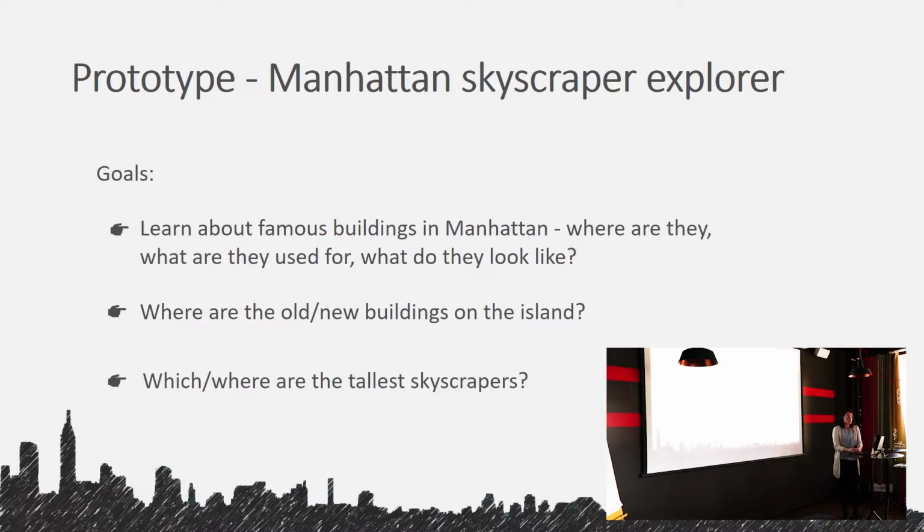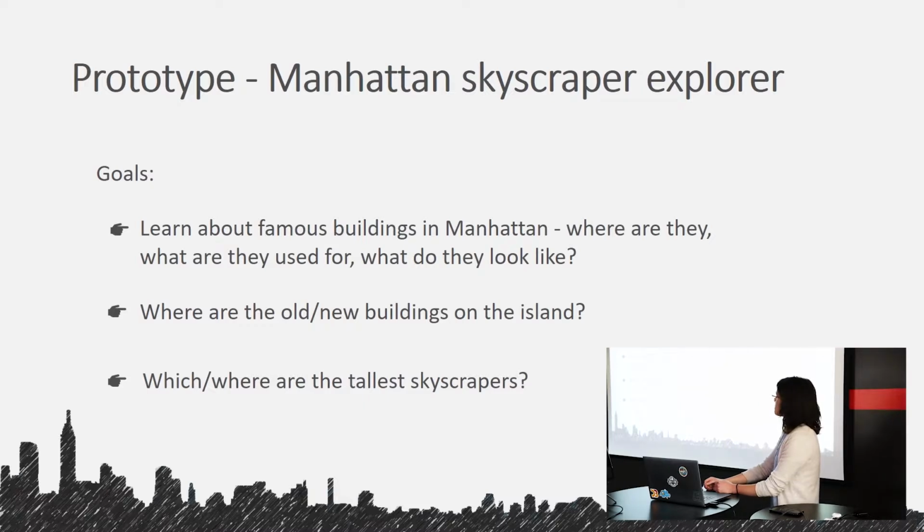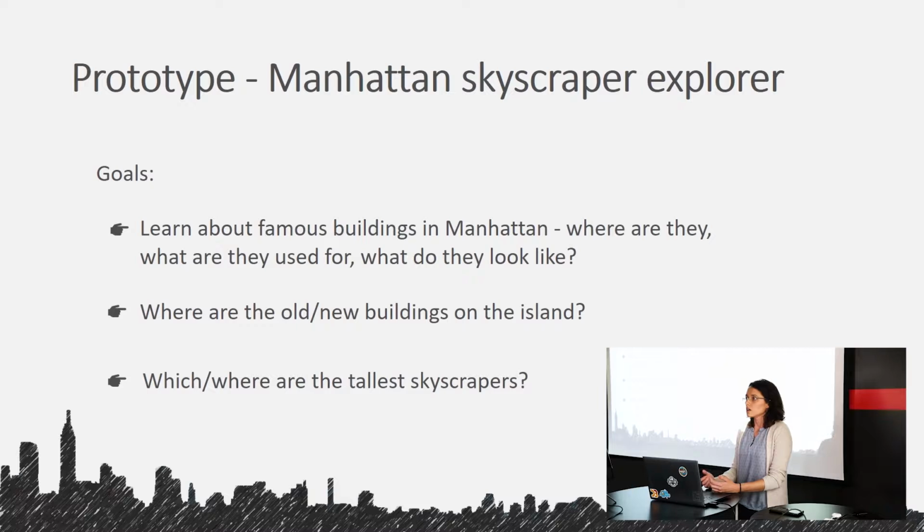And this is just a prototype I was working on. It's called the Manhattan Skyscraper Explorer, and this talk is about why I wanted to build this and what were the problems that I had, or adventures, let's call them this way, and what we did in the API to overcome these problems.